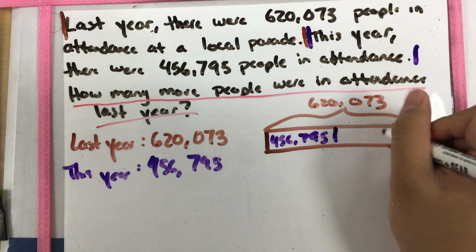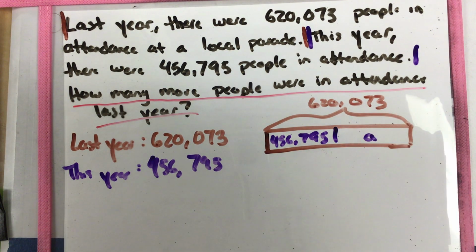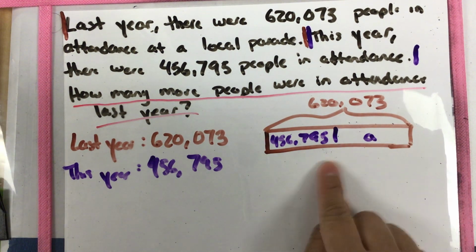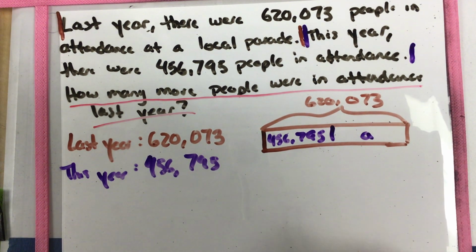So how do we figure out how many people attended? Well, this is your time to pause the video and think, what do we need to do to figure out what is missing here at A? So pause the video, give it a try, and then press play to check your answer with me, okay? All right, hope you guys had enough time to do that, and let's go see how this works.